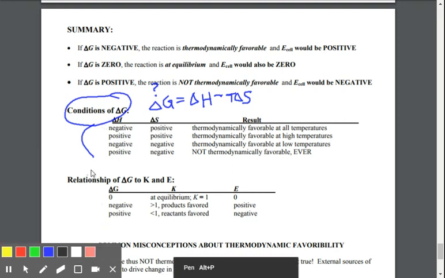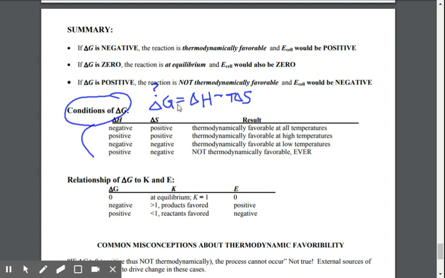If my delta H is negative, so I have a negative value right here, and my delta S is positive, let's see if we can figure out what delta G would be. So I have a negative quantity here, a minus a positive quantity here. So you see how it's a negative essentially plus another negative. So what that is telling me is that my delta G will be negative.